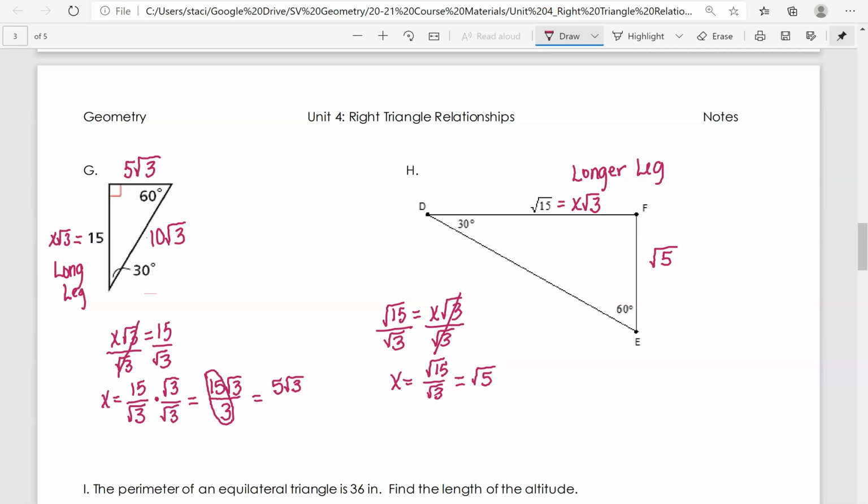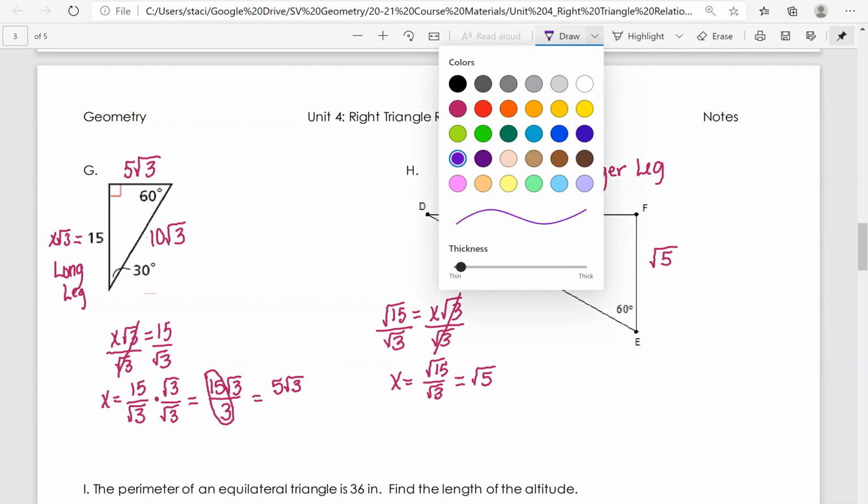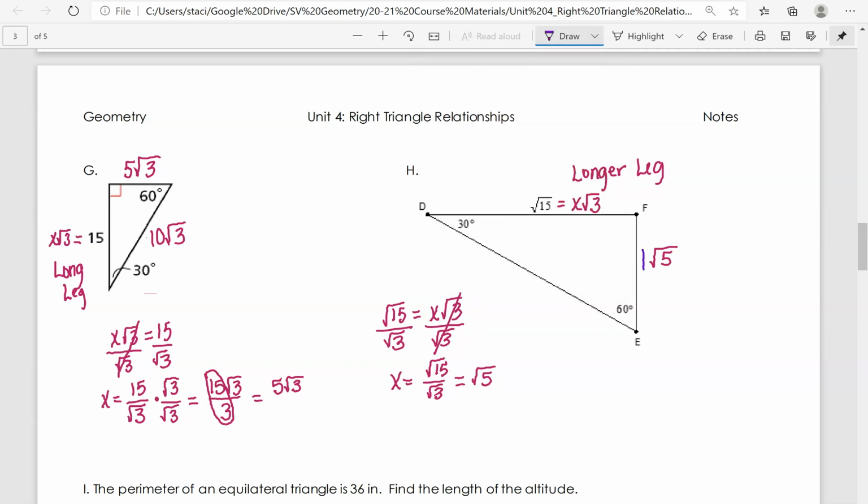And so you might be wondering, well, how do I double that? Think about what the coefficient in front of the 5 is. The coefficient in front of the 5 is technically an imaginary 1. And so when we talk about doubling the short side to get the hypotenuse, if there's a radical, we only double the coefficient. So if I double 1, that means the hypotenuse is 2 root 5.